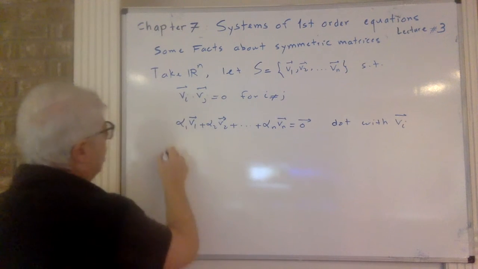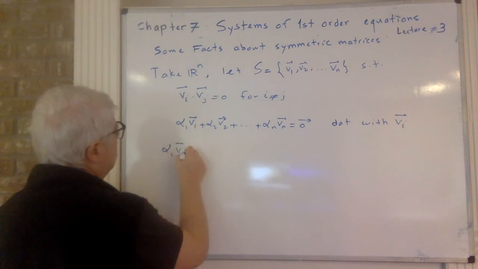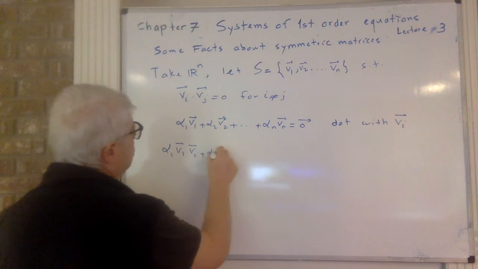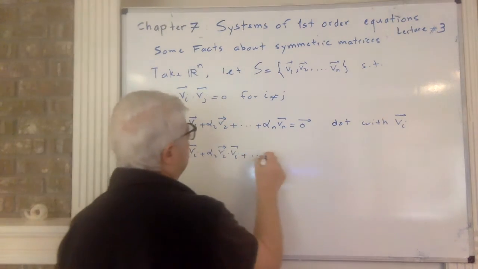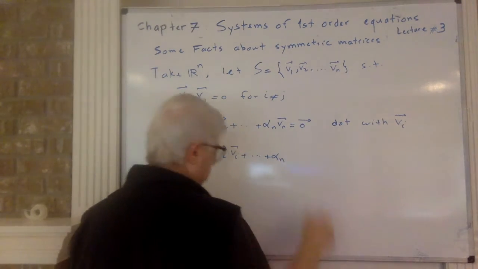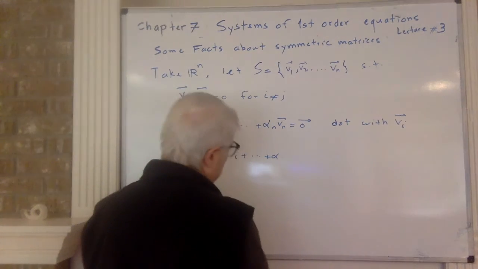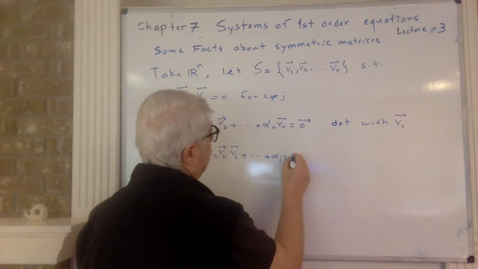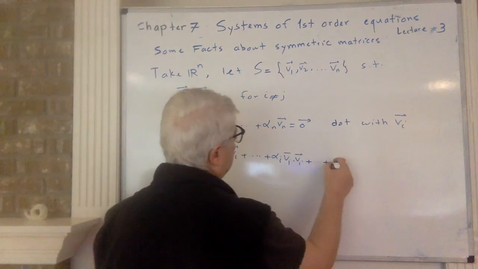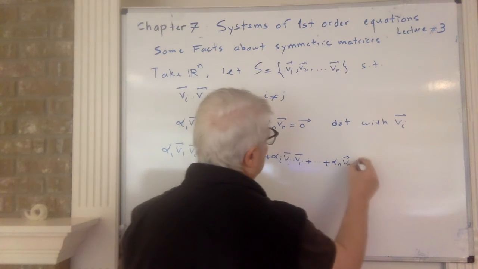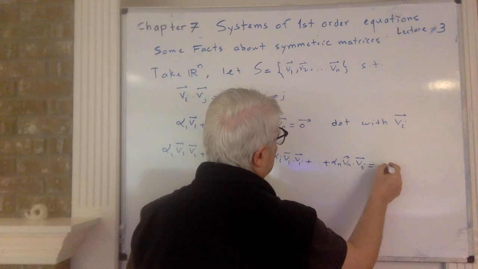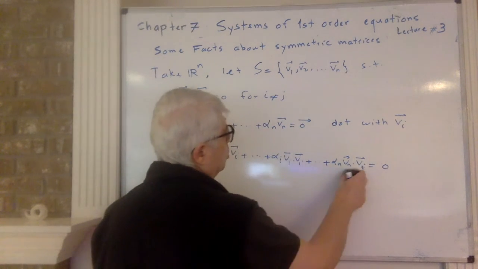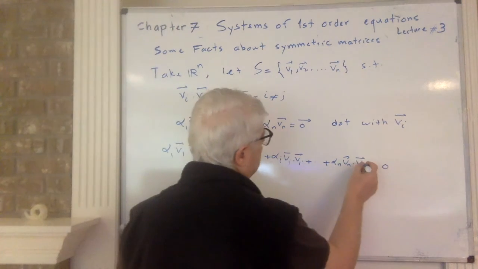Okay, so I have alpha 1 v1 dot vr, alpha 2 v2 dot vr, up to alpha i vi dot vi, and plus alpha n vn dot vi, and that is 0 because 0 dot vi is 0.